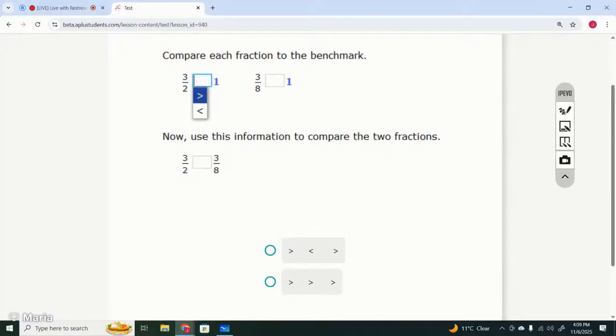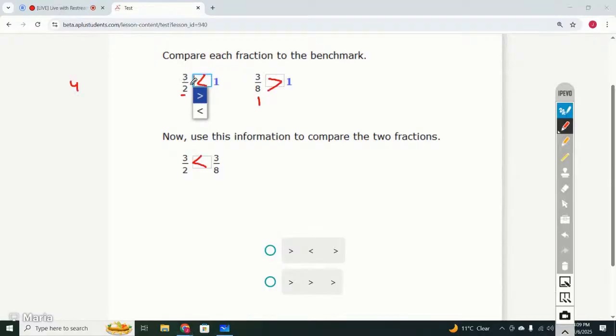Compare each fraction to benchmark. 3 by 2: the numerator is greater than the denominator.